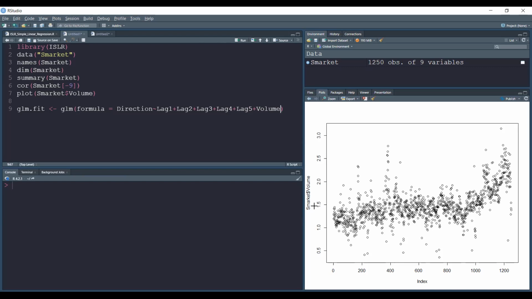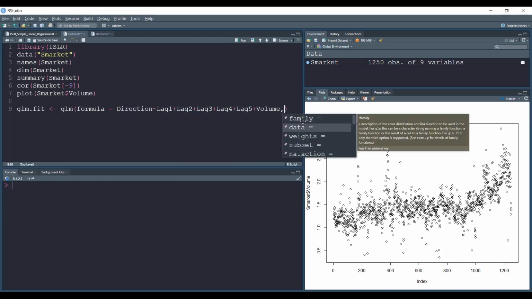I was going to say that in the book we never use logistic regression for multiple predictor variables. That's incorrect. What the book didn't do was logistic regression for a response variable with more than 2 classes. This is in actual fact 2 classes, right? Either up or down. So in actual fact, this is consistent with the theory that we've been discussing.